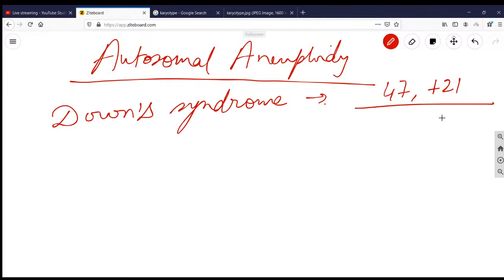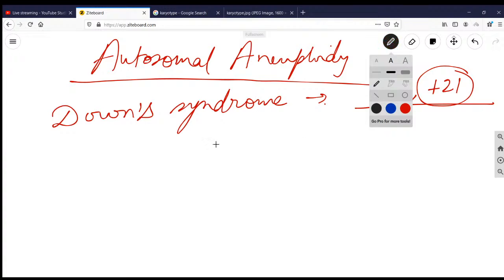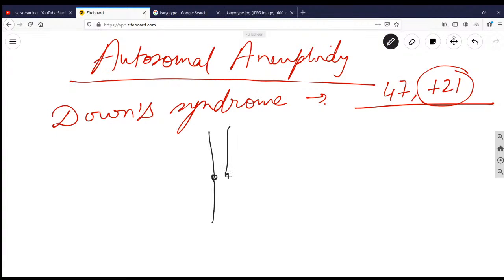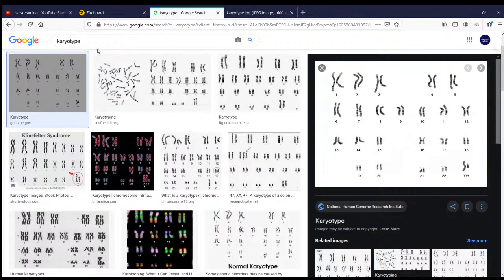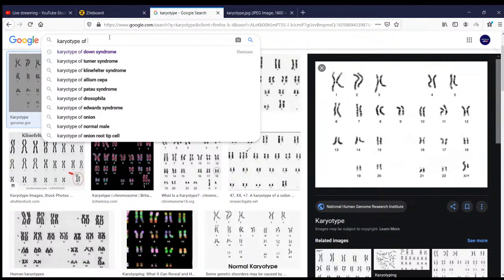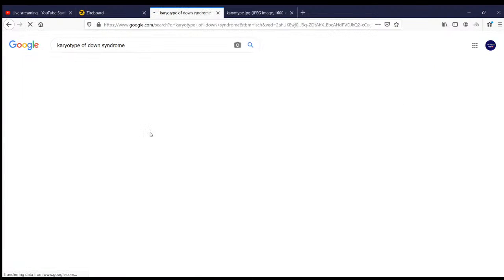This is how you can write it, because in an autosome it happens at the 21st chromosome pair. It will have 3 chromosomes instead of 2. The homolog will be there. Like this you had seen the 21st, you can add one more, so you will be having 3 in the 21st. So Down syndrome, I'll show it to you, the karyotype. Karyotype of Down syndrome. Turner syndrome, anyone you can see.